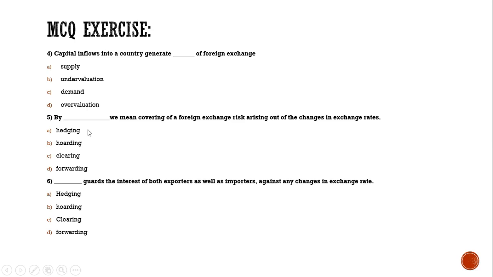The options are hedging, hoarding, clearing, and forwarding. And last, dash guards the interests of both exporters as well as importers against any changes in the exchange rate. The options are hedging, hoarding, clearing, and forwarding. Again, read the question once carefully. I'll give you a couple of minutes to figure out the correct answer, and thereafter we will discuss the answers.